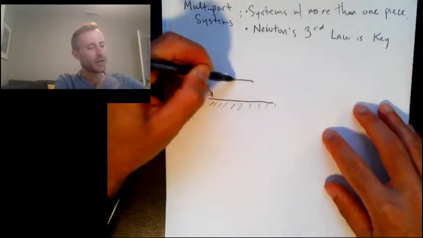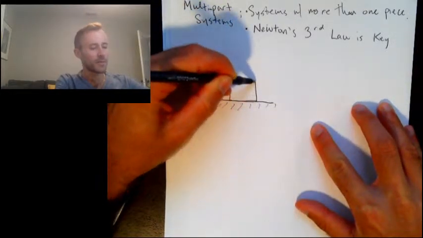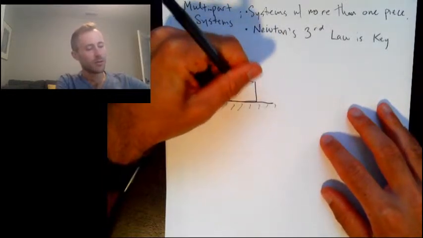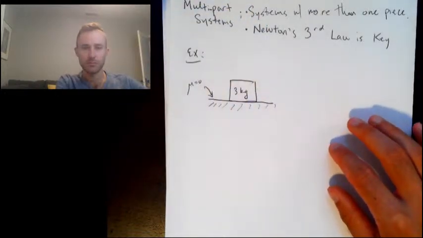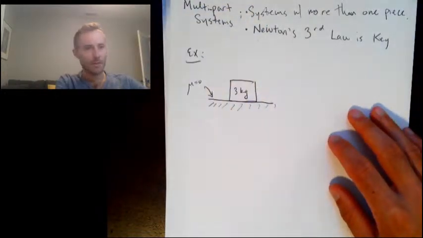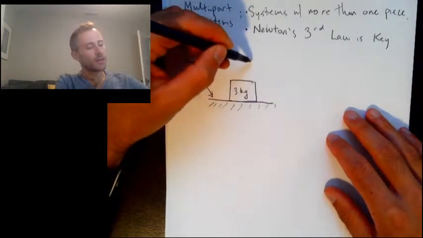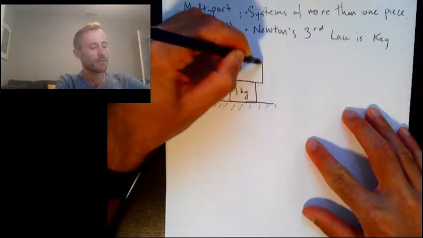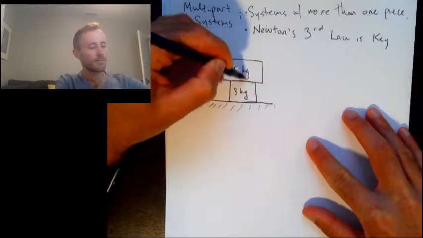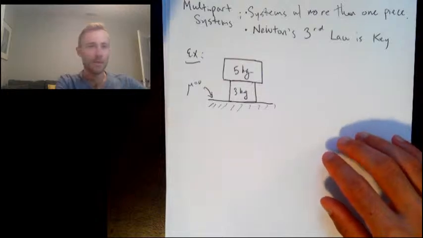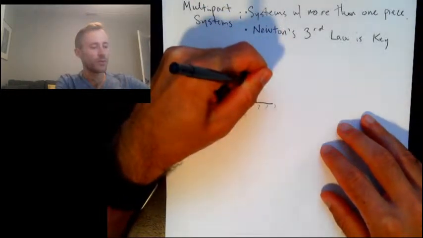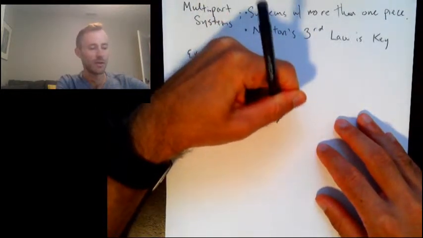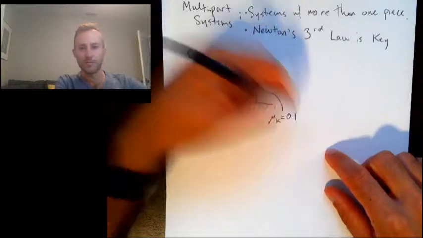And then there is a block that is, let's say, 3 kilograms. All right. And then there is a block that is 5 kilograms on top of that. And there is a coefficient of kinetic friction between the 2 blocks. Okay. There is mu sub k equals 0.1.